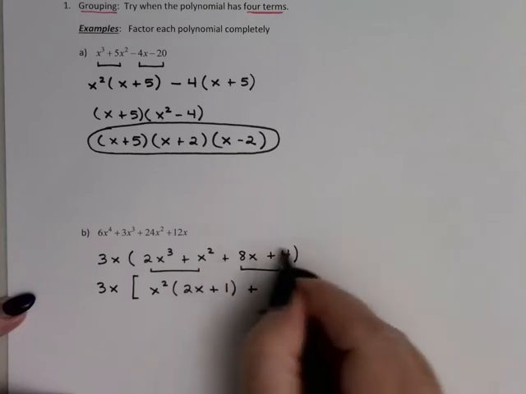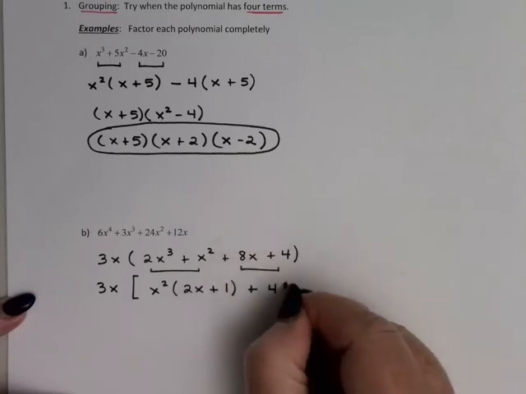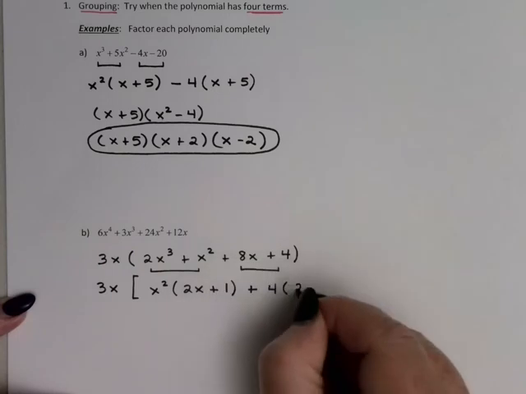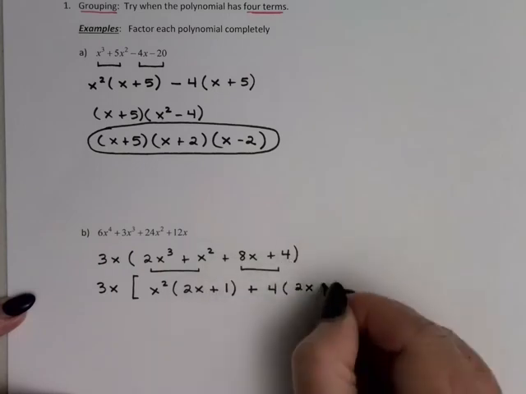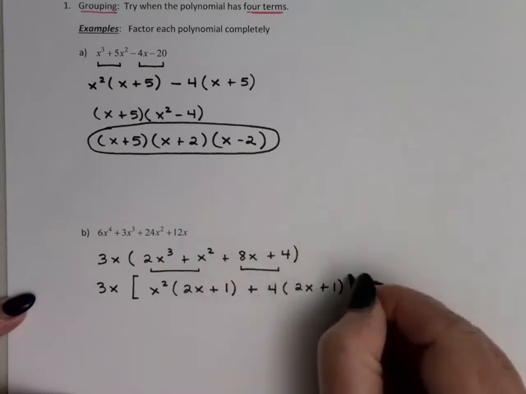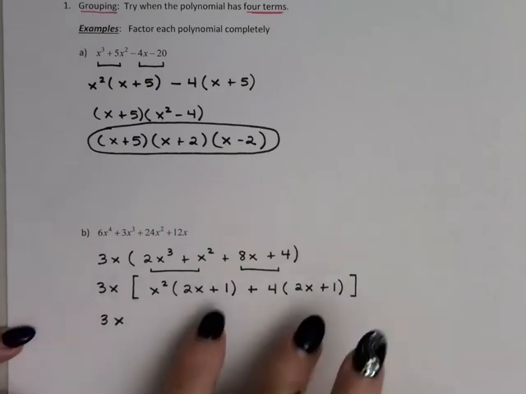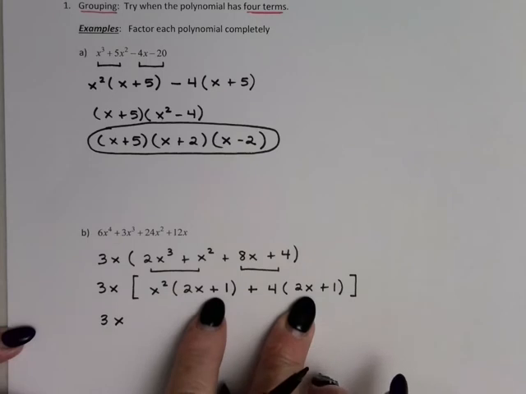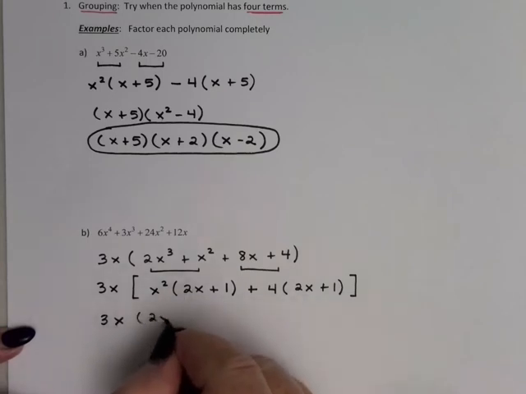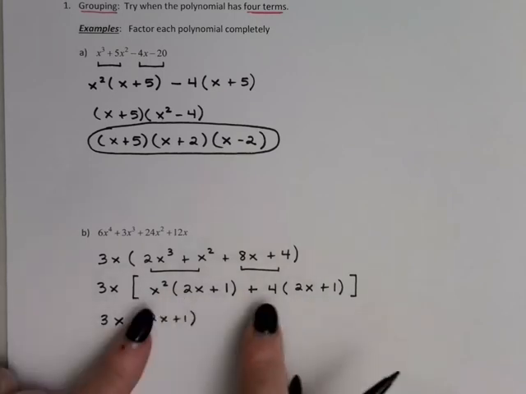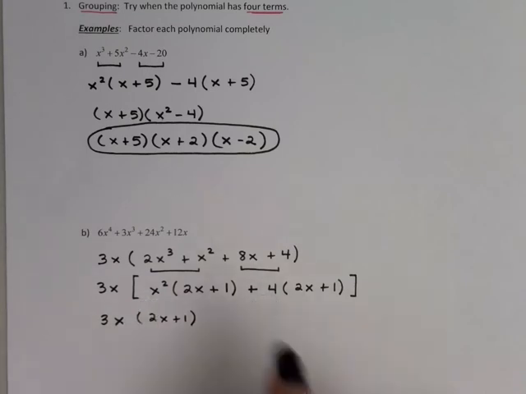Plus, in the second group, I can factor out 4, and that gives me a 2x, and again, 4 divided by 4 is 1, so plus 1. This 2x plus 1 is a common binomial, so I'll factor that out, and that leaves me x squared plus 4.